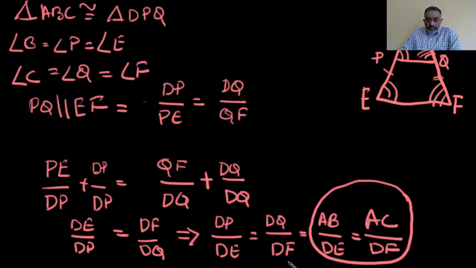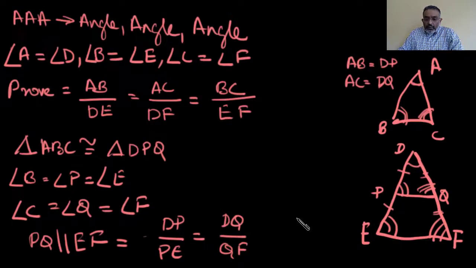Now let's imagine that instead of drawing this line between the sides DE and DF, we chose another combination. If we turn these triangles around and draw this line parallel to the DE side, let me change the color and show it to you.